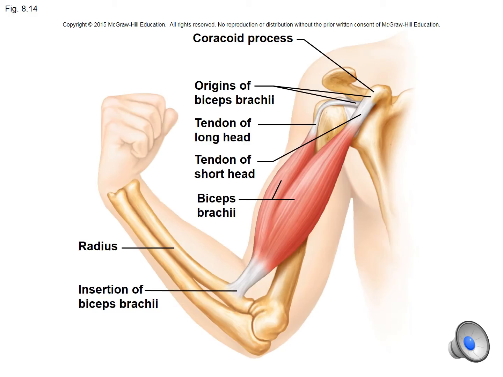So when we look at muscles, one key thing to think about is their origin and insertion. Up here you're looking at the biceps, and you can see that the origin is up at the top in the shoulder region, and the insertion is in the forearm.